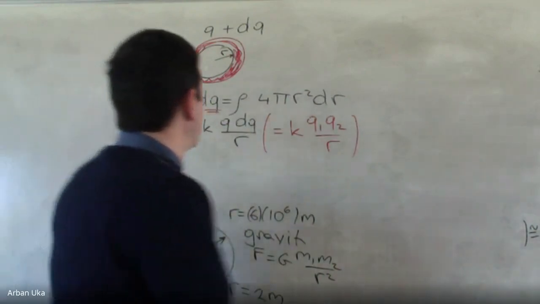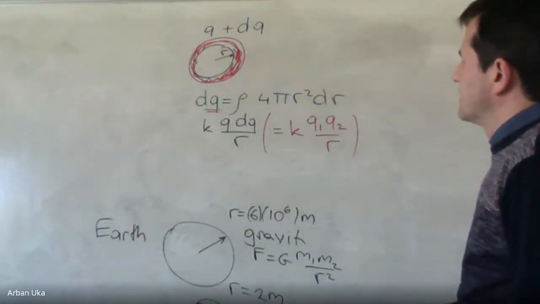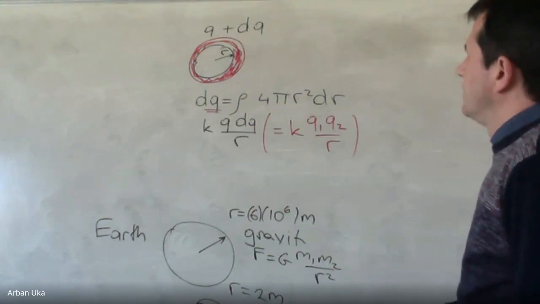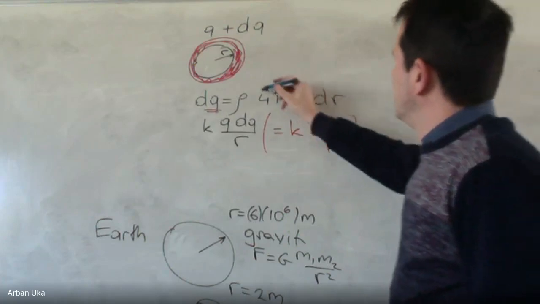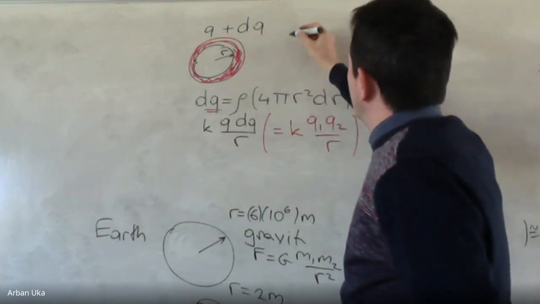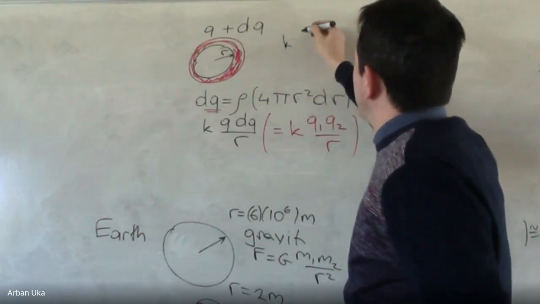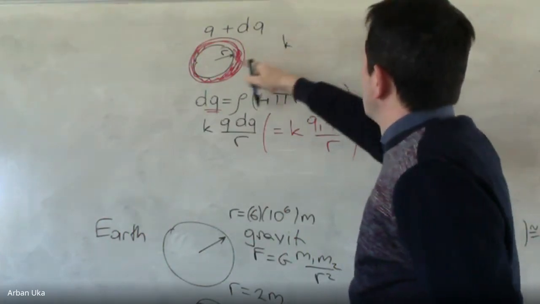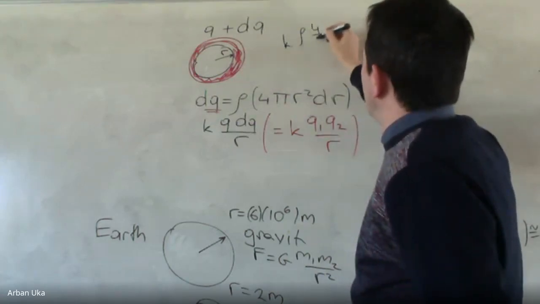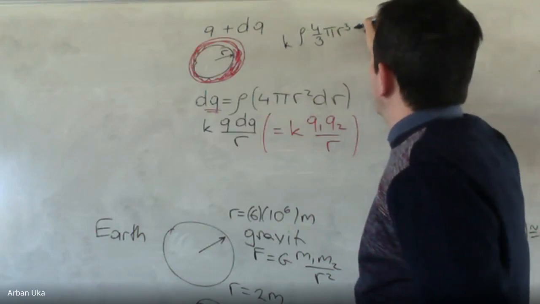So let's find, let me think for a moment. Yes. And now, the work done here, and also this initial Q can be written as rho times 4 over 3 pi r cubed.